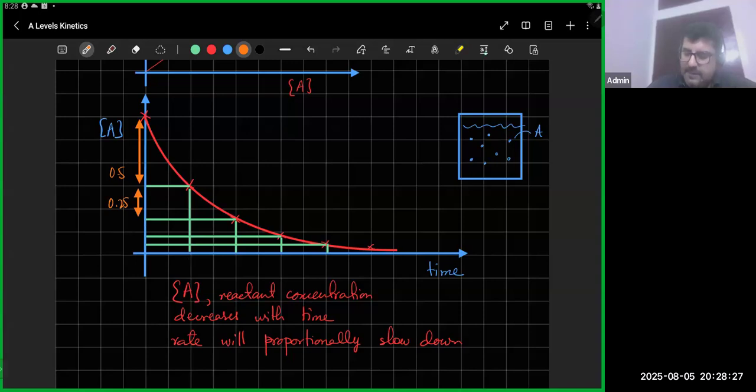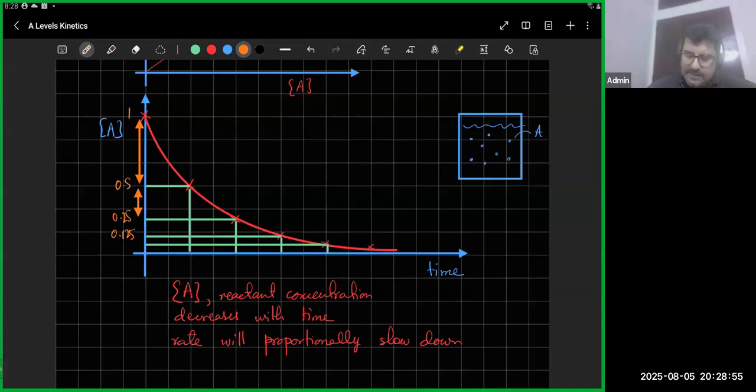It's not further and further, it's half of the previous one, right? So if we write it in values, if we start with 1, this is 0.5, then this point over here would be 0.25. The next point would be 0.125 mole per dm cube, if we start with 1.